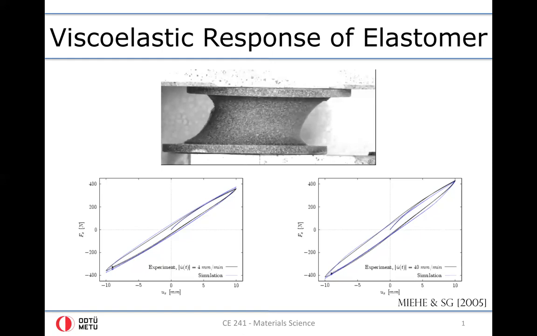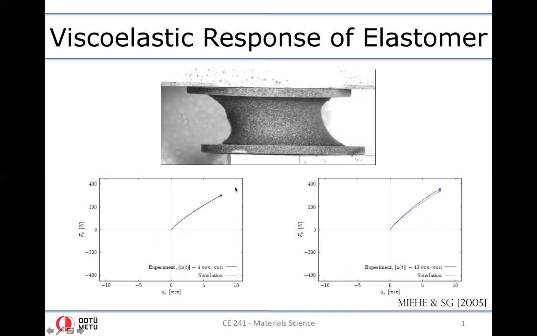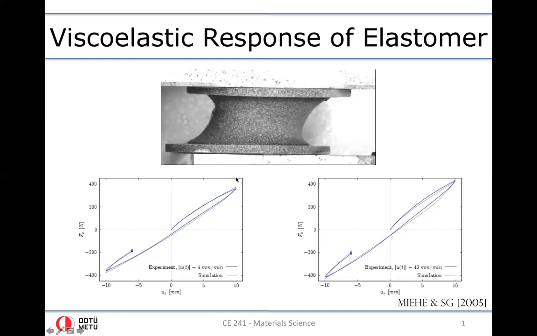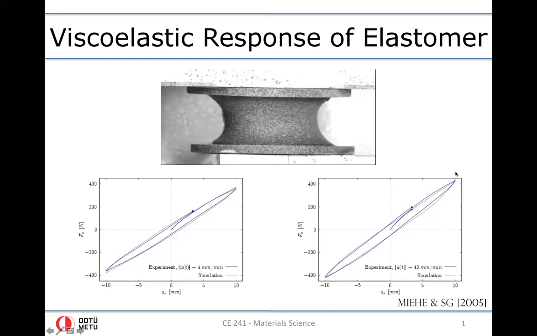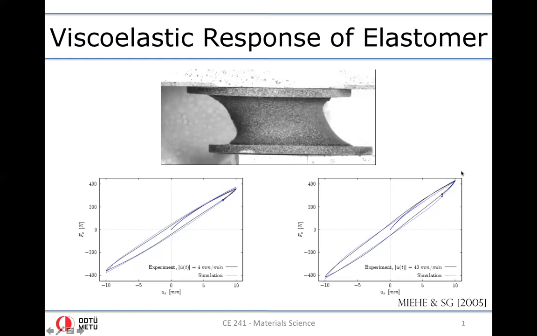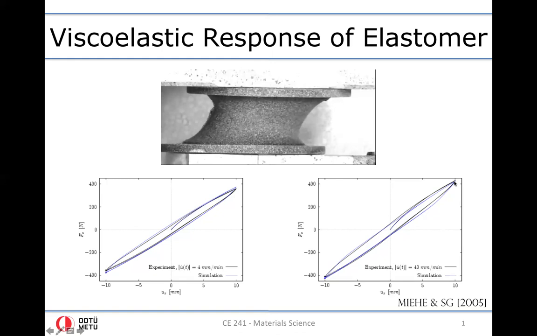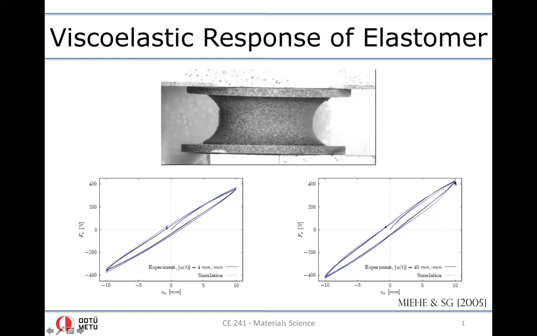For the lower loading rate, as you see, the maximum force attained in the positive direction is slightly lower than 400 newtons. In the higher rate of loading, on the other hand, we have a force magnitude higher than 400 newtons.